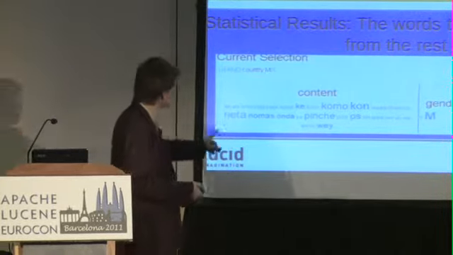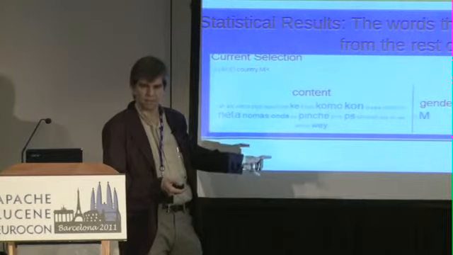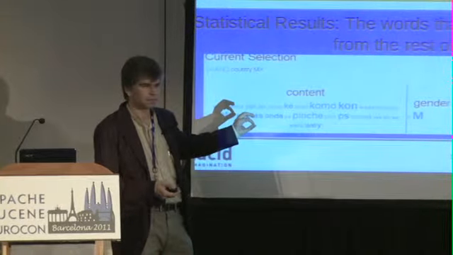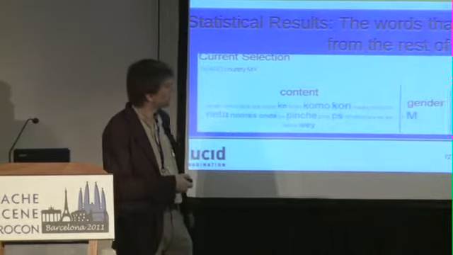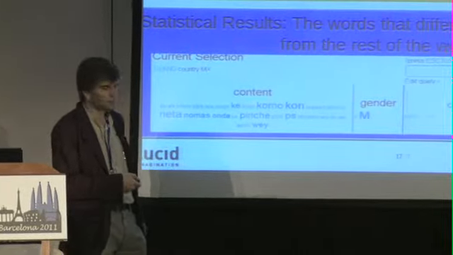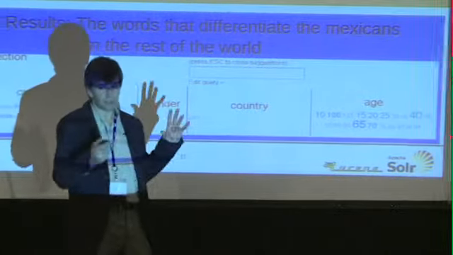So I can say now, okay, if I see these words, I'm more sure it's a Mexican. Look at the ages. They have changed a lot. Here we have 15, 20, 25, as in the big set.